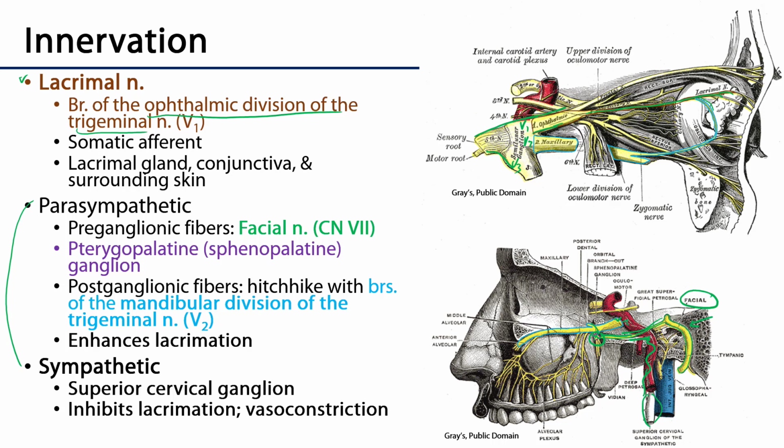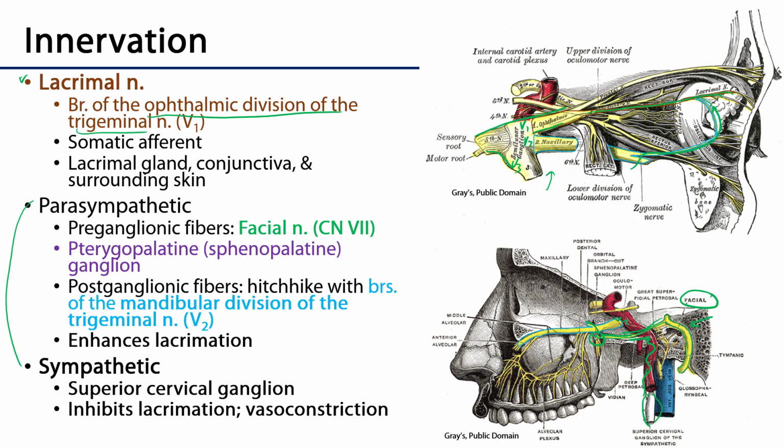Here we can see going out to the orbit. If we turn our attention to this illustration up here, we can see there's V1, there's V2. The V2 fibers have grabbed those postganglionic parasympathetic fibers and deliver them out to the lacrimal gland.